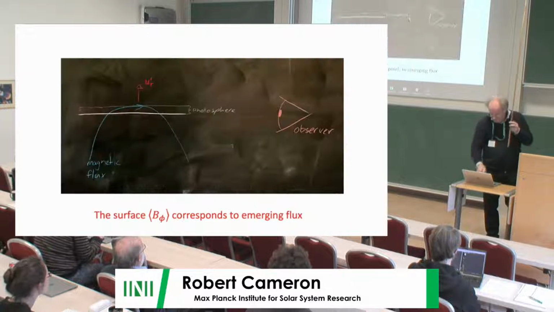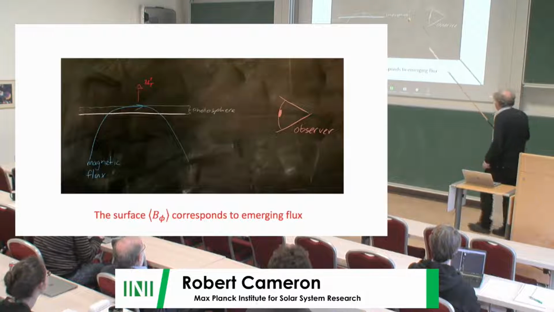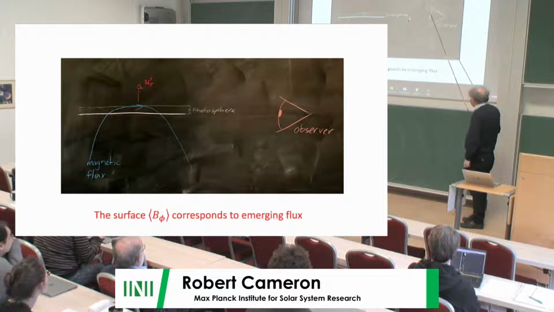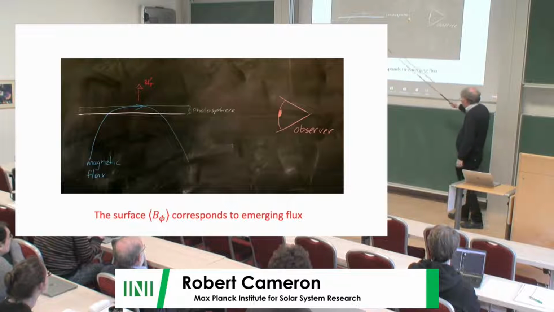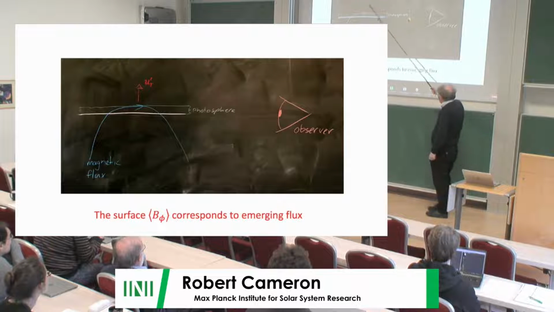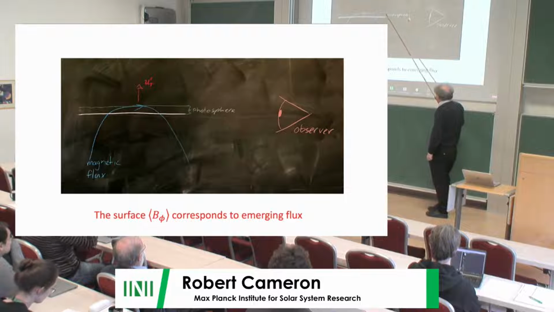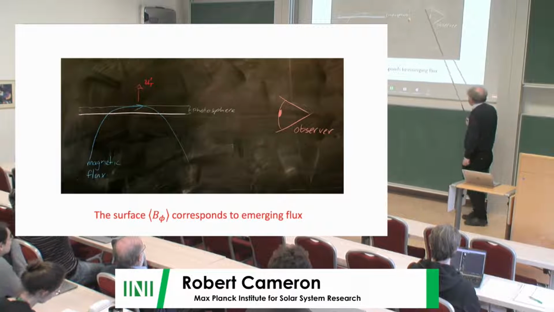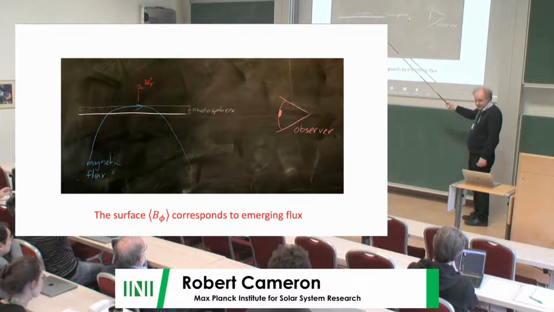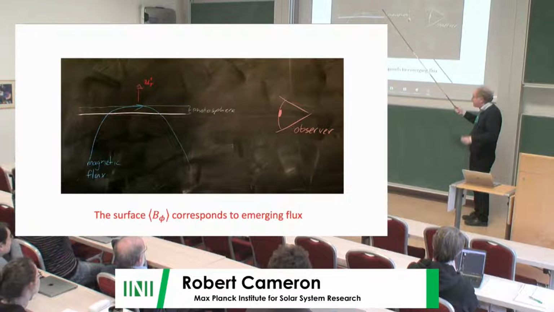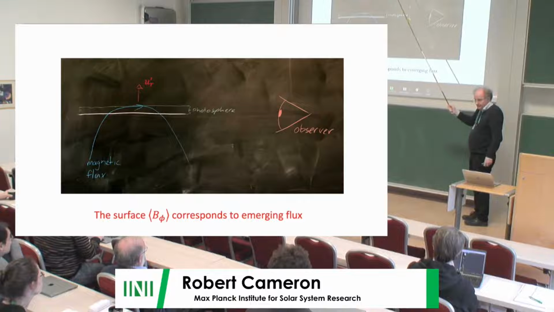If you want to understand what we're seeing, we see the line of sight component of the field, and as flux emerges with some velocity u_r prime, a radial velocity, flux is carried up through the photosphere, and we observe it whilst it's traveling through the photosphere. When we do simulations, we often approximate the region above the photosphere with a potential field.